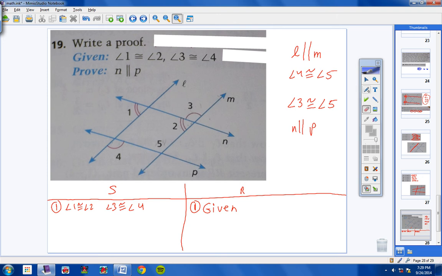So here we go. Let's go ahead and get started. Angle 1 is congruent to 2, 3 is congruent to 4. That's my given.